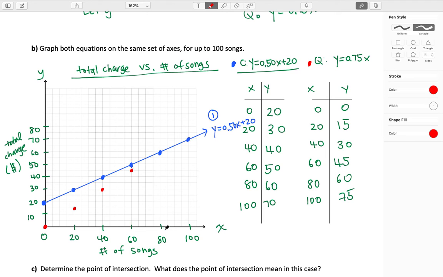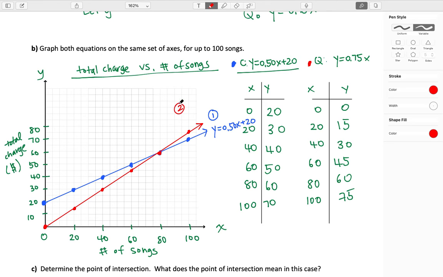And then when it's at 80, it's 60. Oh, they meet at the same point here. And when it's at 100, it's 75. Okay, so let's connect the points. And don't forget the arrow.